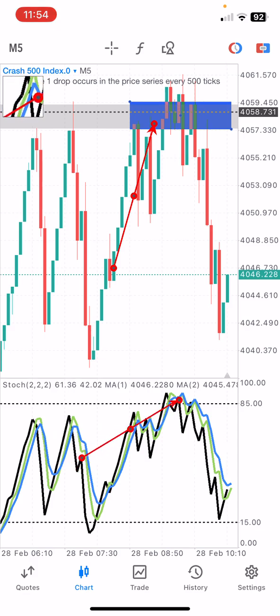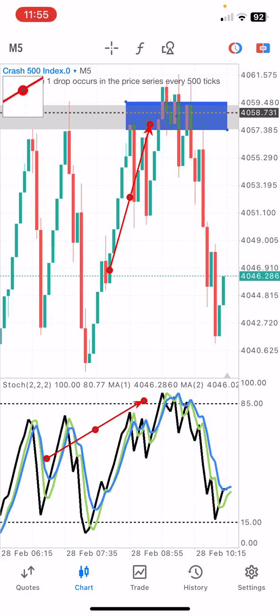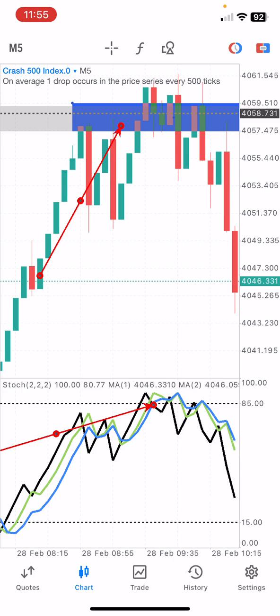You want to see all the moving averages at the 15 level and at the 12 level of the stochastic oscillator. They have to be at the 12 level of the stochastic oscillator. When they are at the 12 level, you wait for a crossover to happen. If I zoom in so you can see clearly, we have this crossover right here. You can see they all touch these 5 levels.